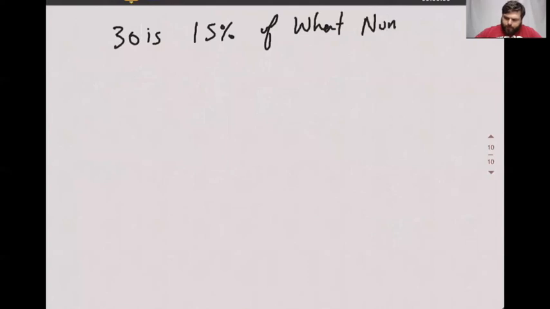All right, last problem. 30 is 15% of what number? Okay, there we go. 30 is, so 30 equals 15%. So 15 divided by 100 of what number? Okay.